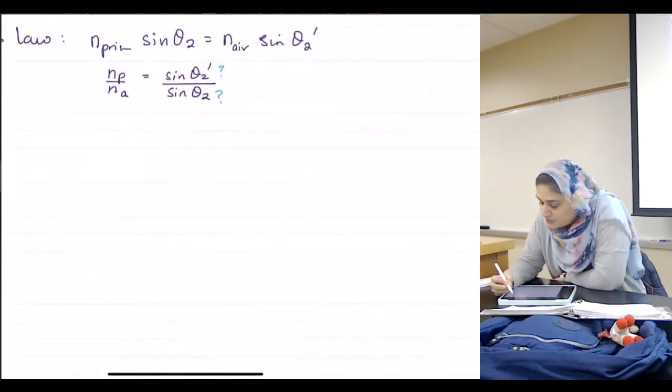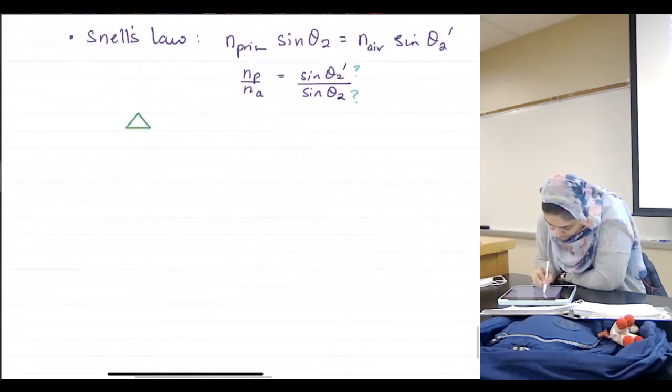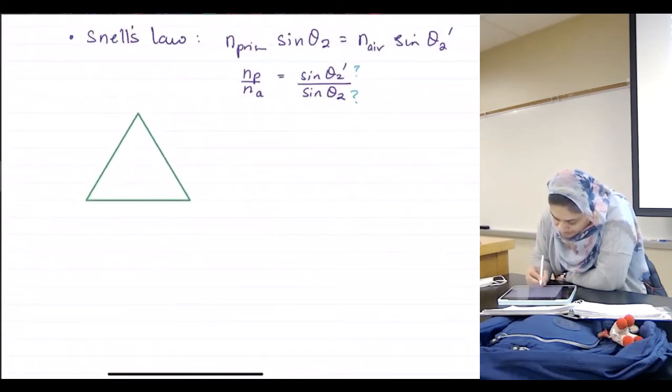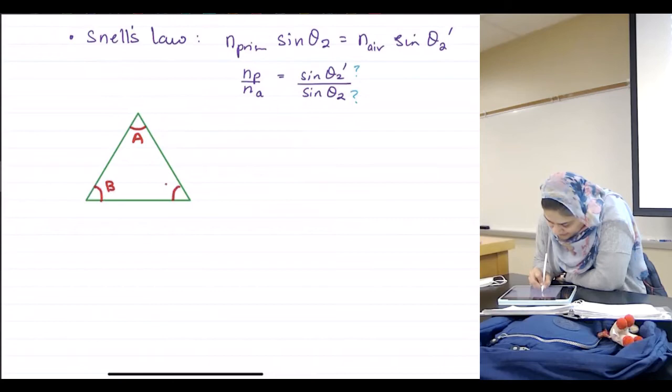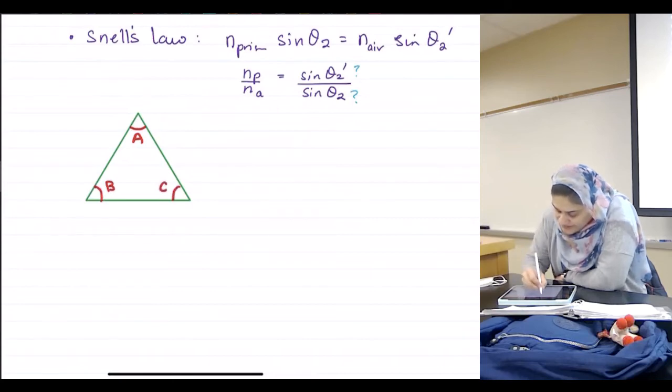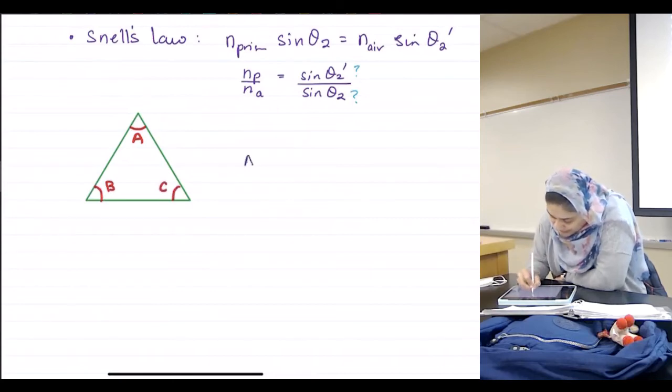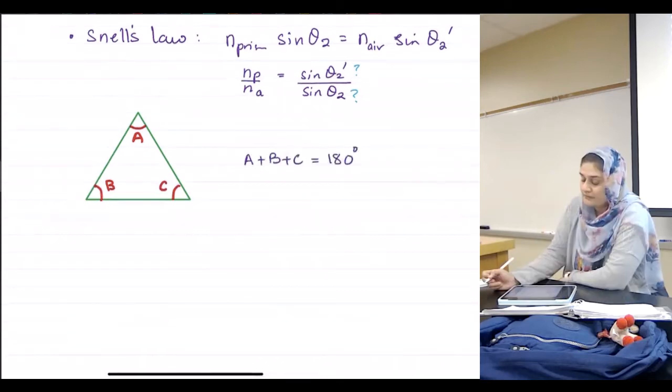So if I redraw just that part of the triangle and call this my A, I will call this angle B and I'll call this angle C. Is it true that A plus B plus C equals 180 degrees?